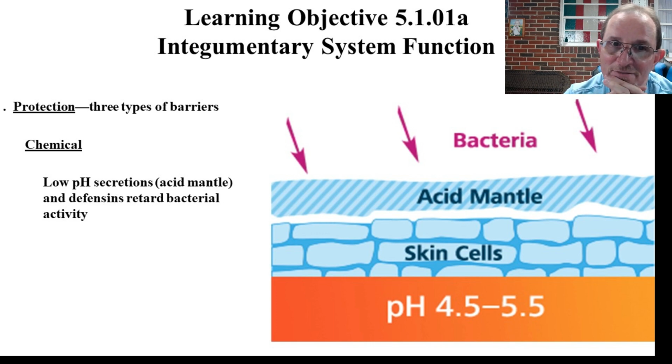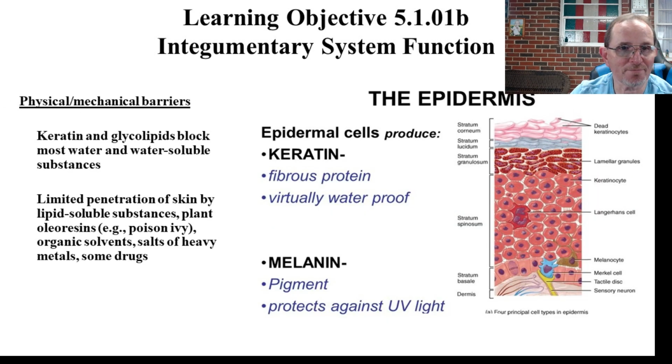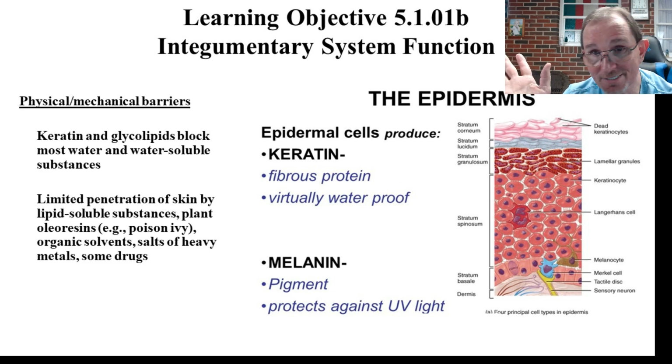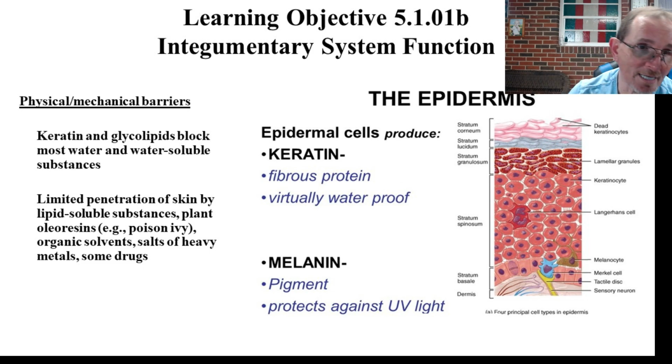This is called the acid mantle of the skin, and there's other things going on too that help to deter it. We also have a very salty skin, and a lot of bacteria cannot exist in that salt. It'll just suck the water out of them. Now there's some species, especially Staphylococcus, that can live on that salt concentration. It's much saltier on our skin than it is in our body and our fluid.